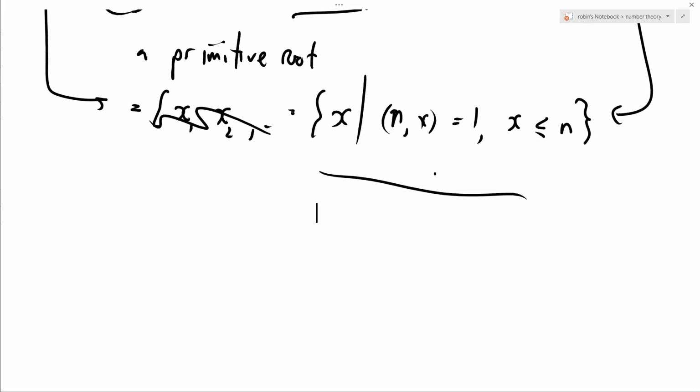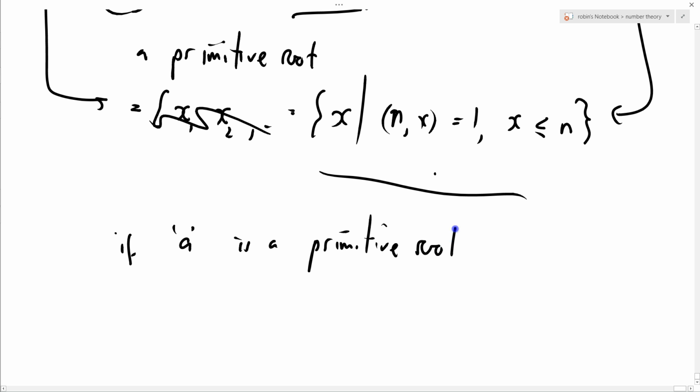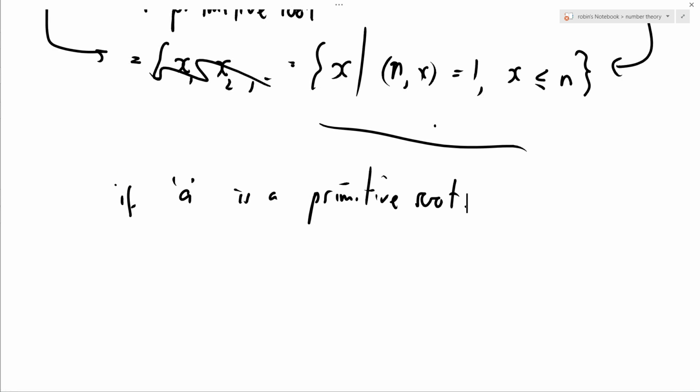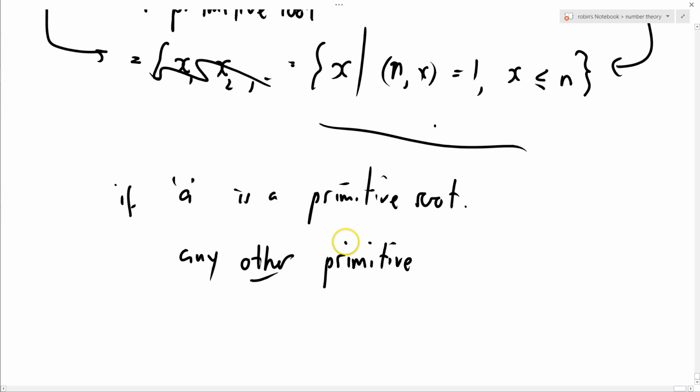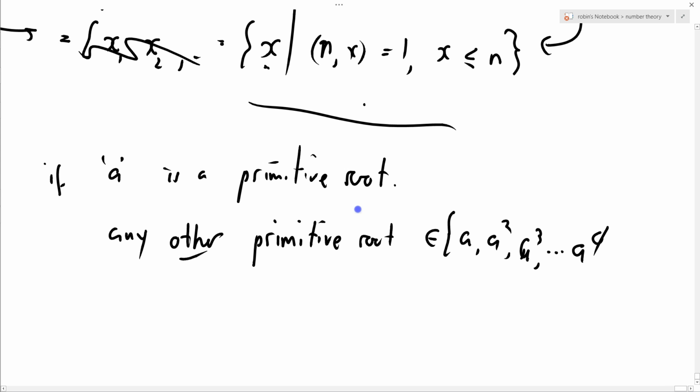Okay? So if a is a primitive root, we're always assuming that the number n has a primitive root, then any other primitive root is a member of this set, specifically a member of the set a, a squared, a cubed, up to a to the power phi of n.